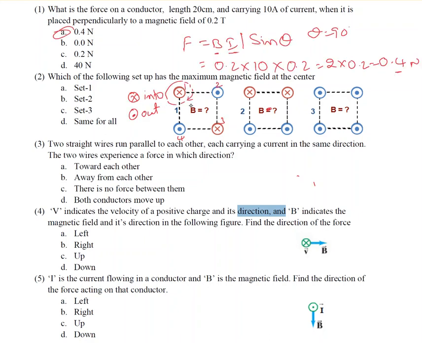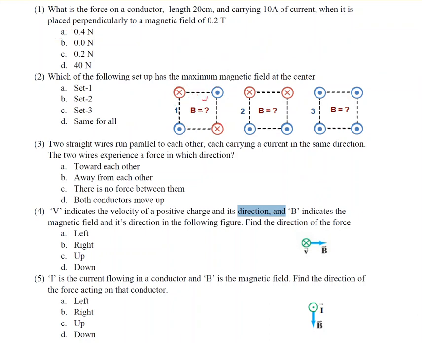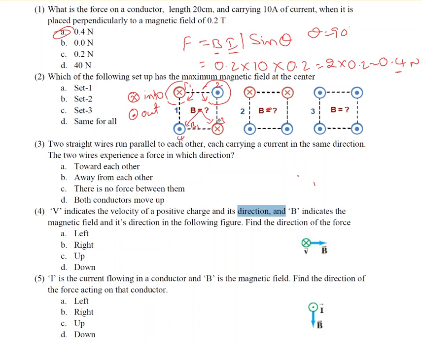Because of 1, that's magnetic field direction B1. Because of conductor 2, current is coming out, so it's going to be anti-clockwise, and that's my B2.